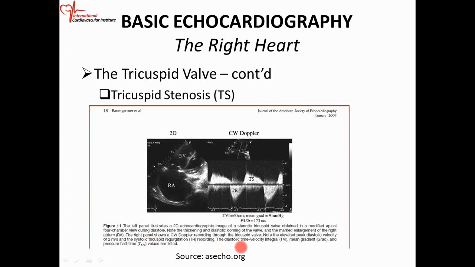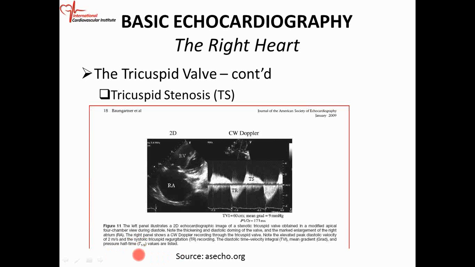And again, when you're doing anything on the right side, it should be a modified view to look at the right side properly. So it's an RV focused view, okay? And just looking at the valve, you can see it's thickened. There's doming, and there's marked enlargement of the right atrium and to some extent the right ventricle.